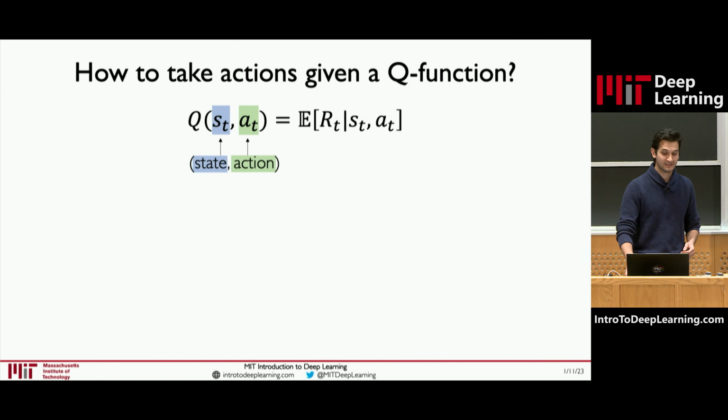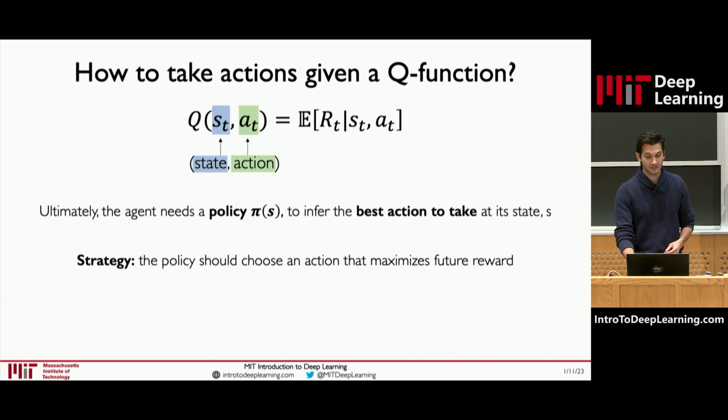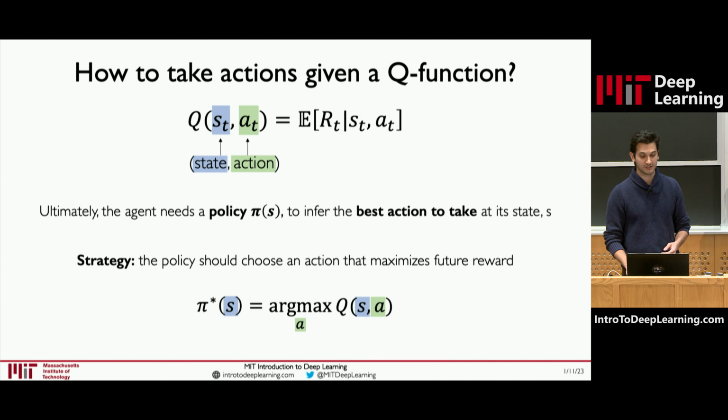So if we wanted to take a specific action in a specific state, ultimately we need to figure out which action is the best action. The way we do that from a Q function is simply to pick the action that will maximize our future reward.